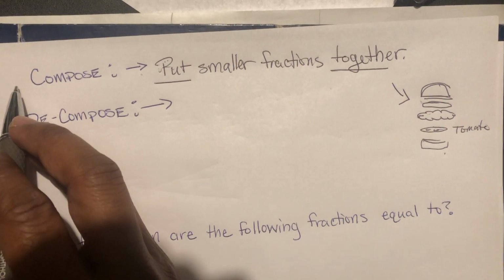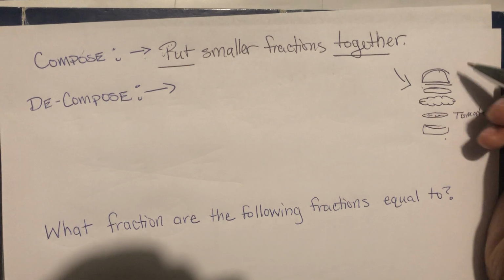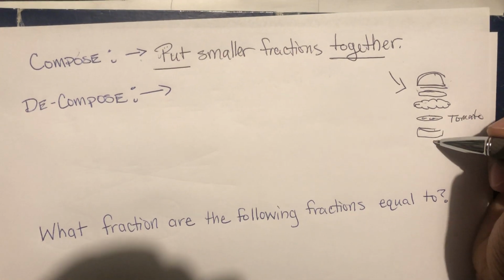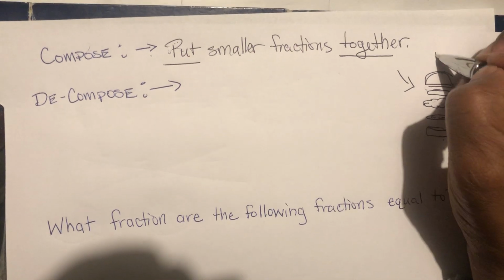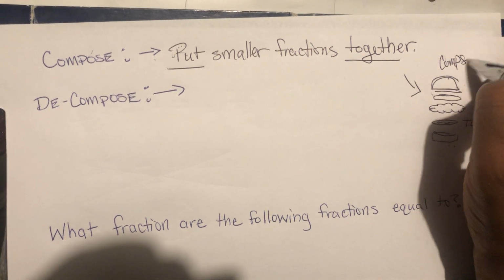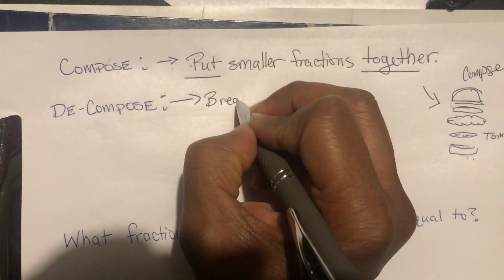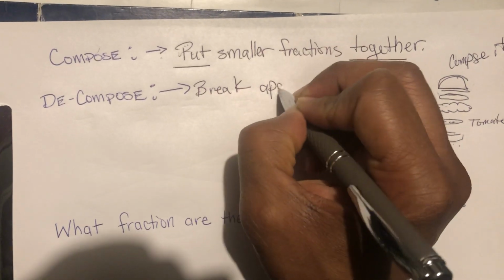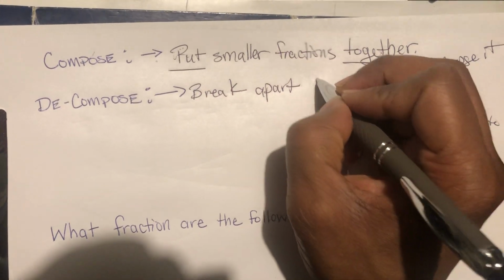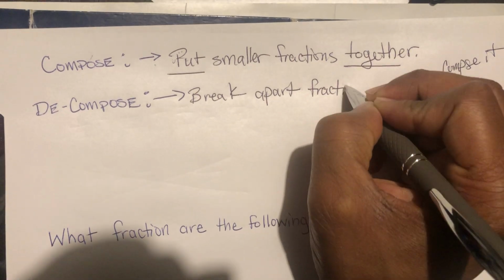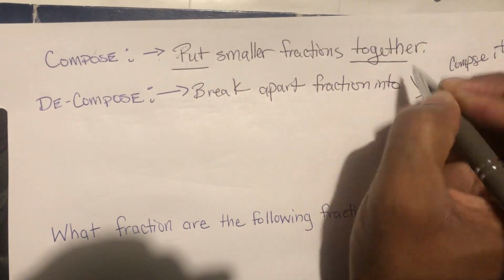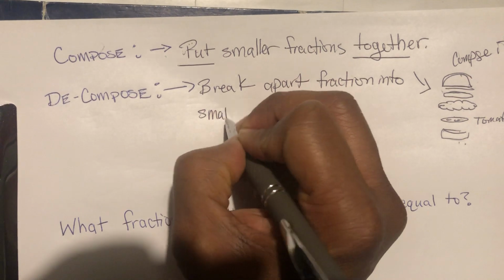If I was composing a burger, I would need the different pieces to compose the burger. So we compose it. Okay? Decompose it means to break apart. We want to break apart a fraction into smaller fractions.